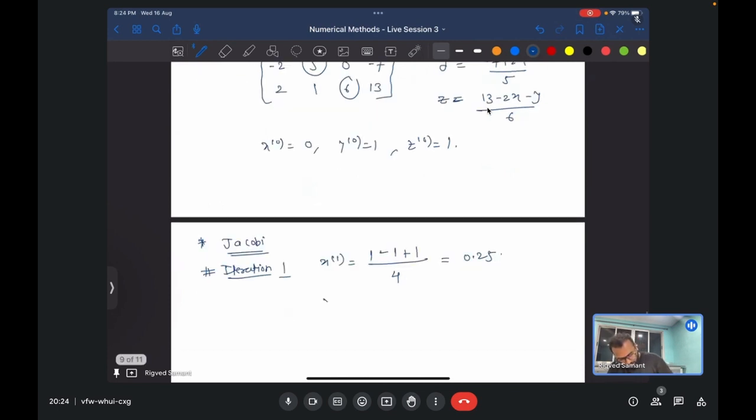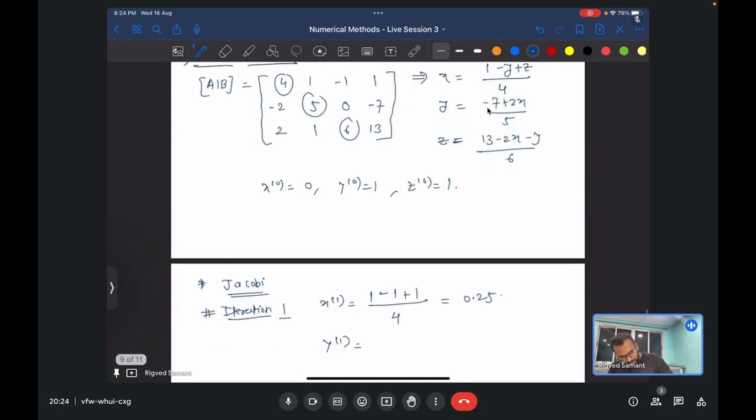Now for y1, what did we do in the Gauss Seidel method? Here it is minus 7 plus 2 into this x, which we considered as 0.25, and solved. So we substituted this latest value in the Gauss Seidel method. In the Jacobi method, you will not consider the latest value.